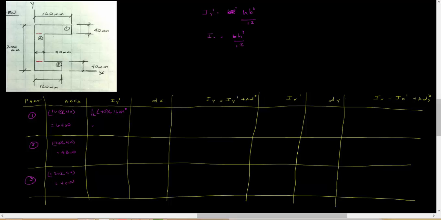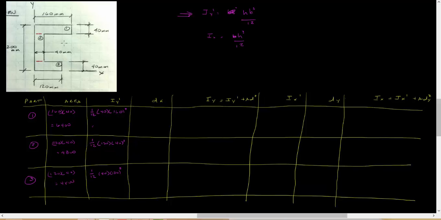For part 2, I have 1/12 times 120 times 40 cubed. That's this little piece right here. And for section 3, I have 1/12 times 40 times 120 cubed.